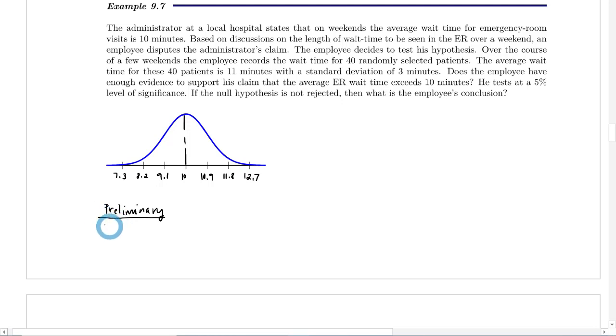And so the first thing we need to discuss is that n equals 40 is no more than 5% of all patients at the hospital.